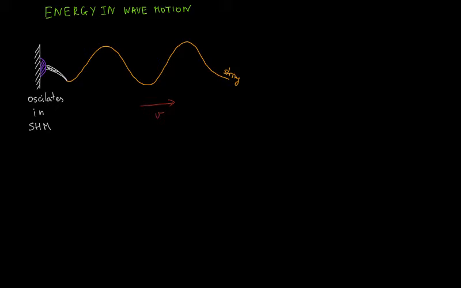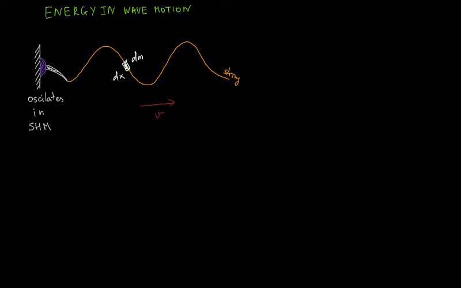So let's focus on an infinitesimally small element of the string. I'm going to identify that in here, and let's call it a mass of dm with a length of dx. We have a blade that oscillates in simple harmonic motion, and the string is attached to this blade.